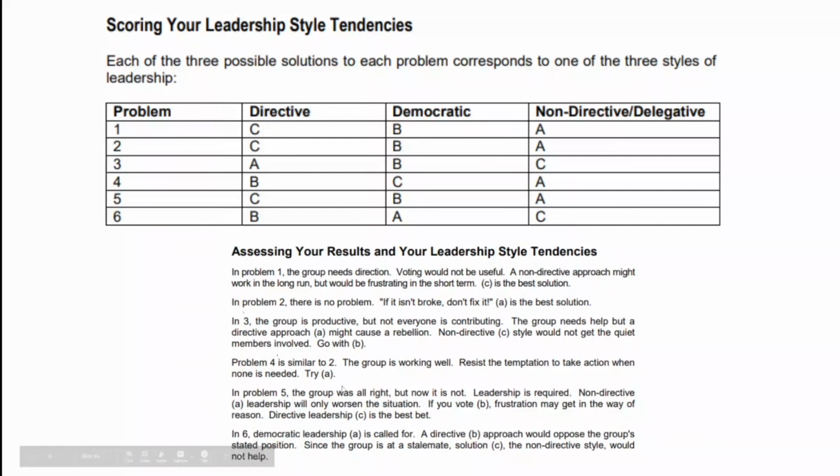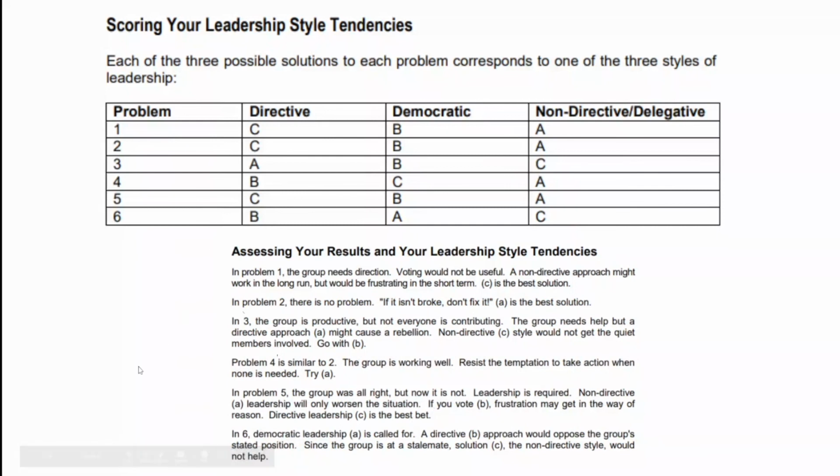In 5, the group was all right, but now it's not. Leadership is required. Non-directive A will only worsen the situation. If you vote B, frustration will get in the way of reason. And C, directive leadership would be the best bet in 5.